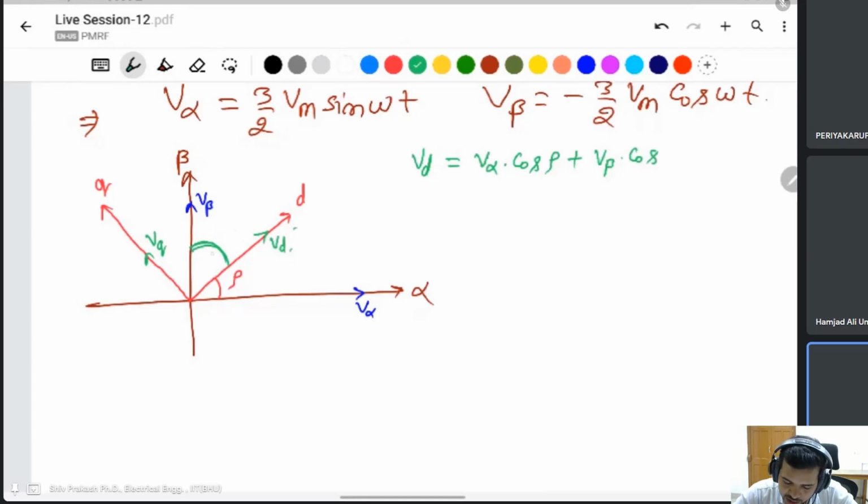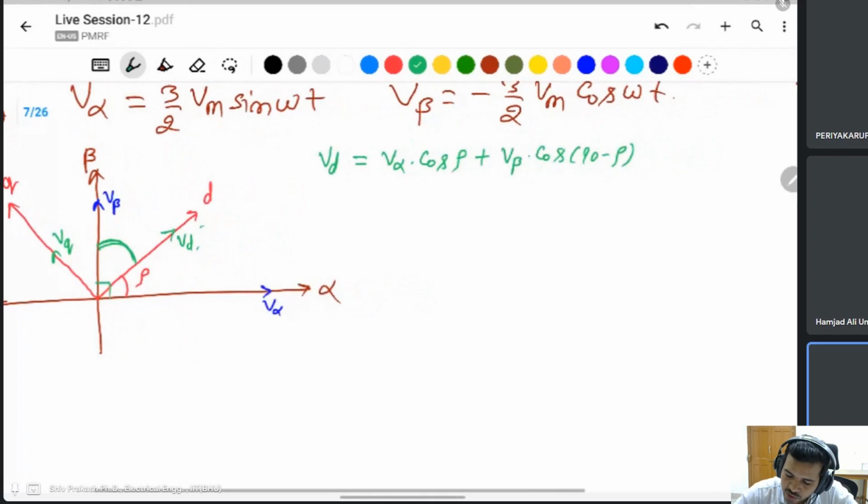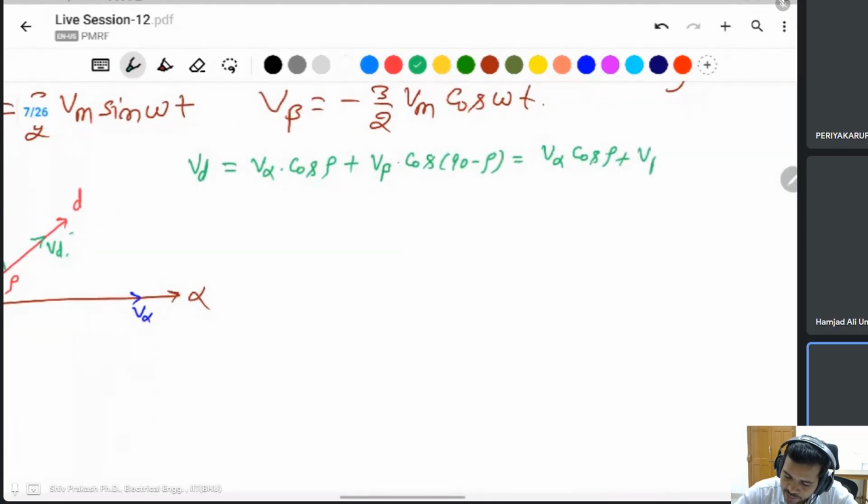The total angle is 90 degrees, this is rho, so it will be 90 minus rho, which gives sin rho. This will be V alpha cos rho plus V beta sin rho.